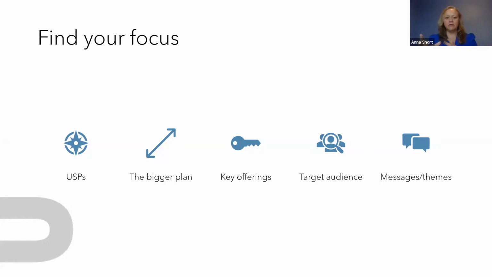And then focusing those messages and themes that you want to talk to those target audiences about. So you may decide that you want to focus on a specific topic on a monthly basis or a quarterly basis, depending on what type of business you are in and the products and services that you offer.